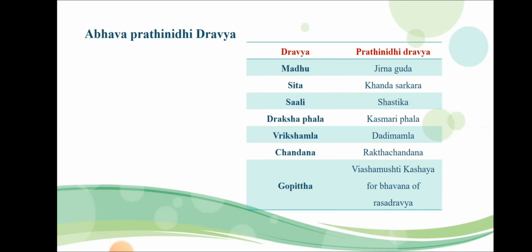Instead of Draksha Phala, as a substituent you can take Kashmari Phala. And as a substituent to Vrikshamla, you can take Dadimamla. If Shweta Chandana is not available, you can take even Rakta Chandana. And Gopitta: in Rasa Shastra, there are many processes in which Gopitta Bhavana is mentioned. Instead of Gopitta, which is very rare and difficult to get, you can use Vishamushti Kashaya for Bhavana of Rasa dravya.